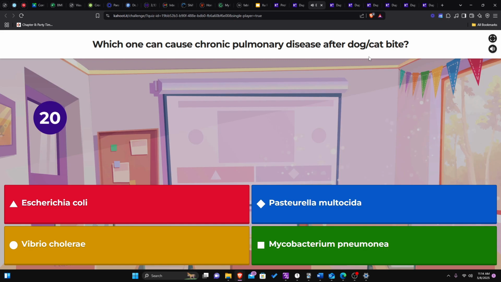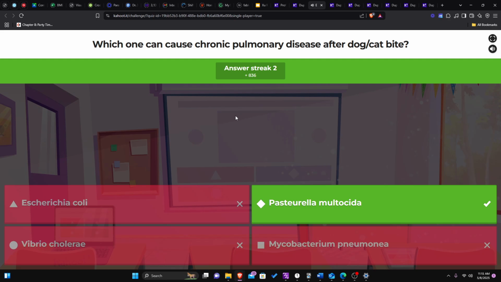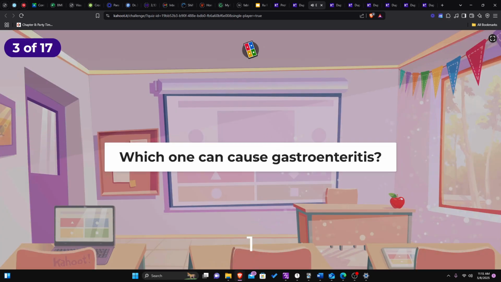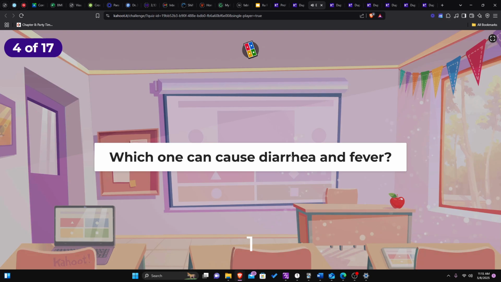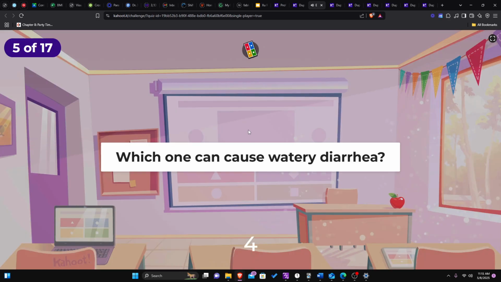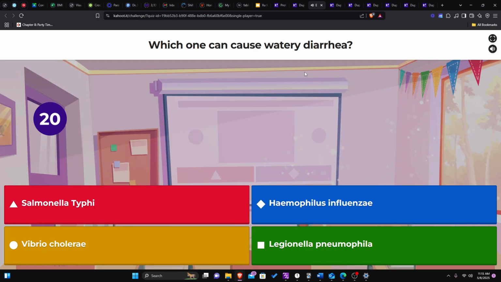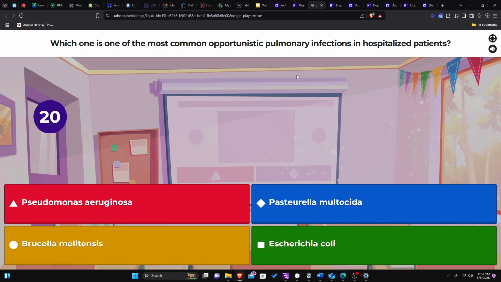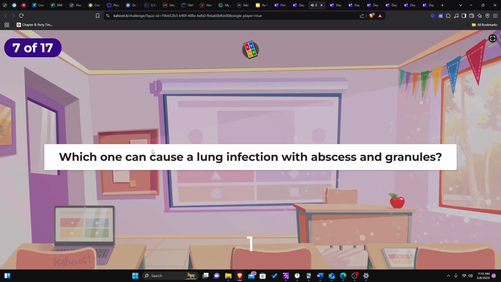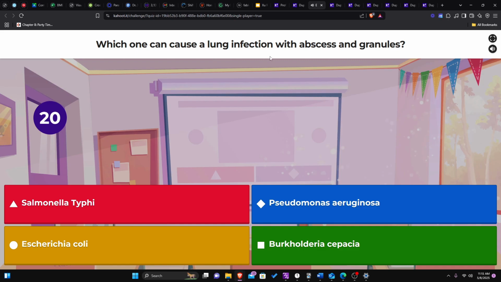Dog and cat bite is the PM gastroenteritis, gastroenteritis, E. coli, diarrhea, fever, salmonella. Watery diarrhea is going to be the Vibrio coli. It's opportunistic, Pseudomonas also. Okay, this one's a weird one.